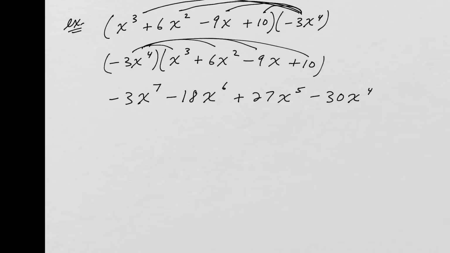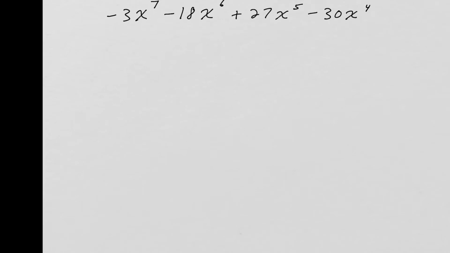Okay, what if you want to multiply two polynomials together and they each have two terms, right? They're called binomials. So what if I want to multiply two binomials together?